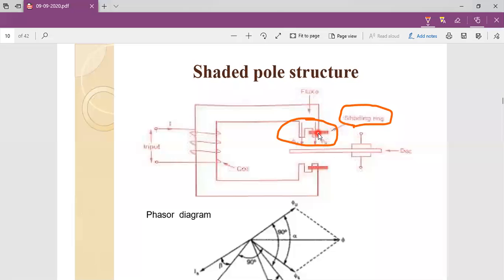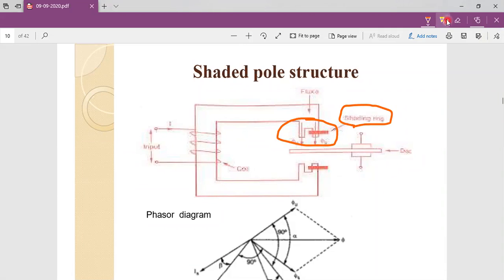So the effect, that means induced EMF, always opposes the change in cause. Here the cause is alternating flux. Because of that there is a phase difference between the fluxes available at both the tips.